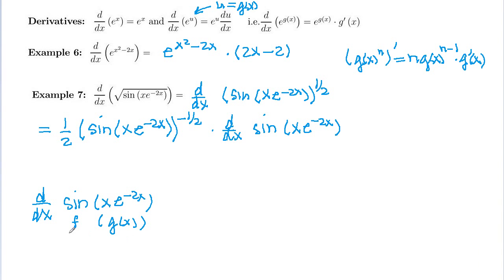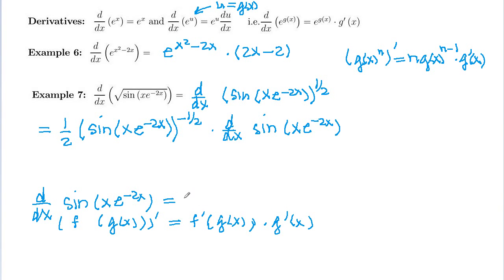And remember, the derivative of f of g of x is going to be the chain rule. So the derivative of the outside function, f prime at the inside, g of x, and then times the derivative of the inside function, g prime of x. So the outside function is sine x.